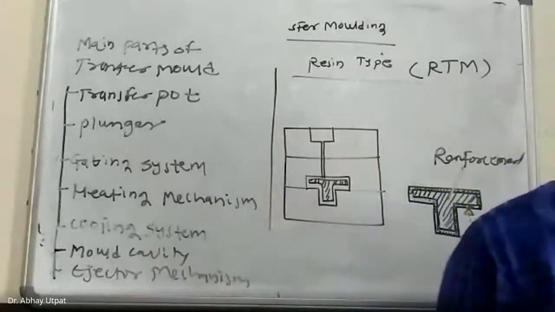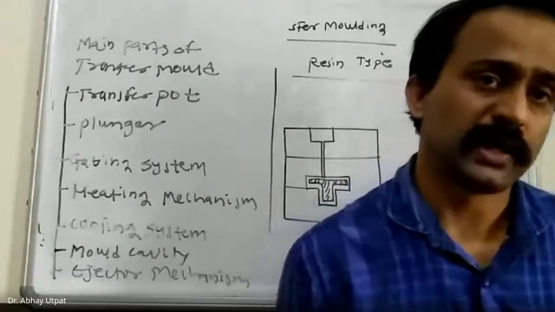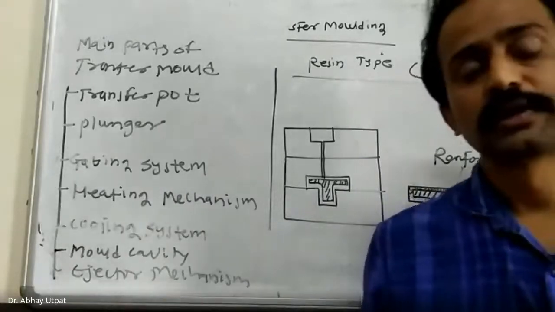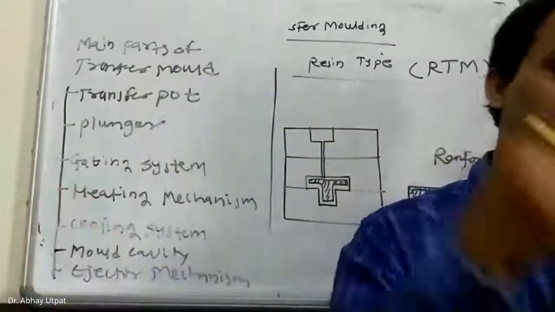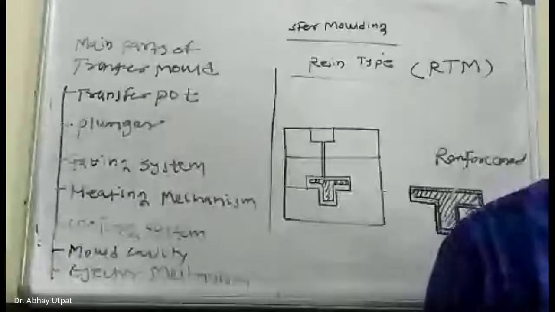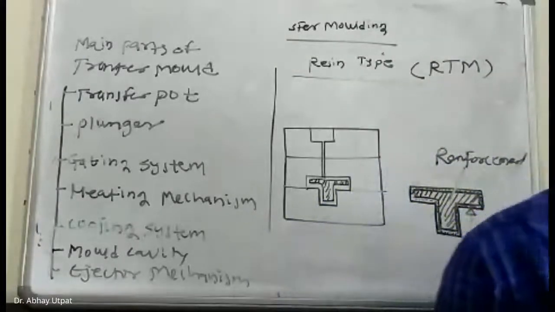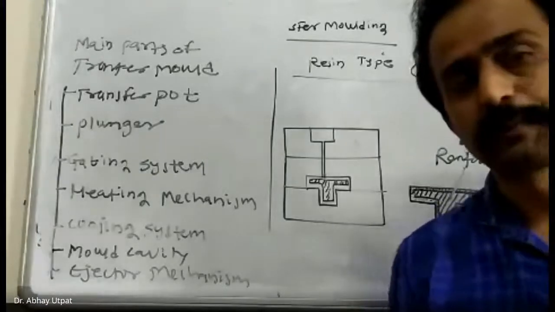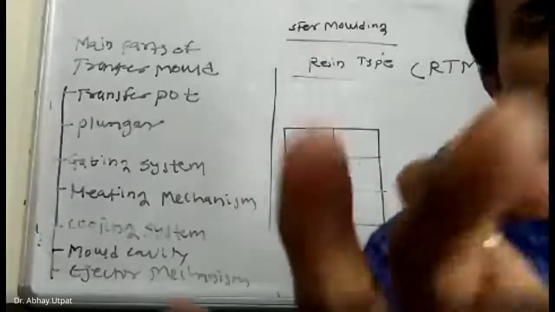The heating mechanism, that is the electric cartridge heater, can also be made automatic. Then a feedback control system for mold cooling, depending upon the required temperature, to maintain the proper temperature of the mold and proper cooling arrangement. And automatic pressure application and release mechanism, depending on how much clamping pressure and other forcing pressures are required.